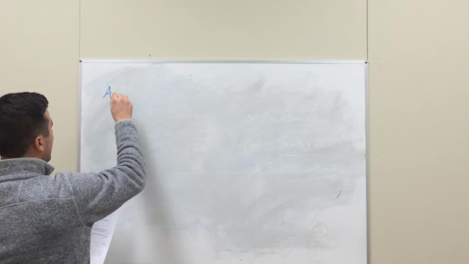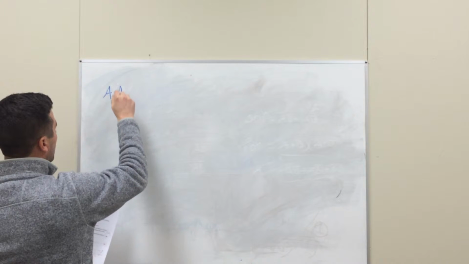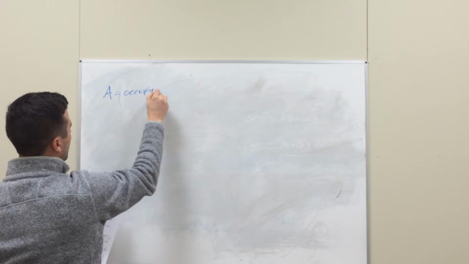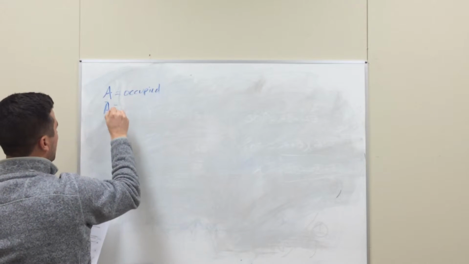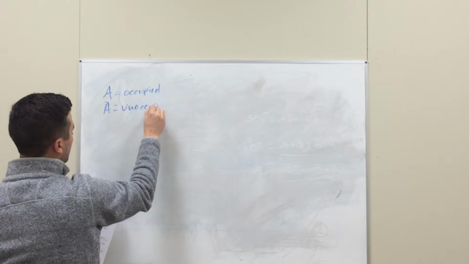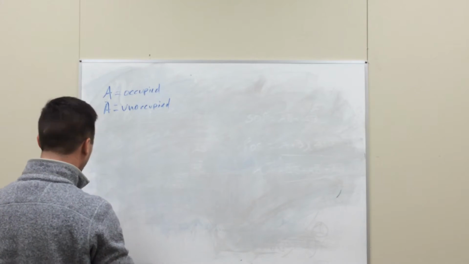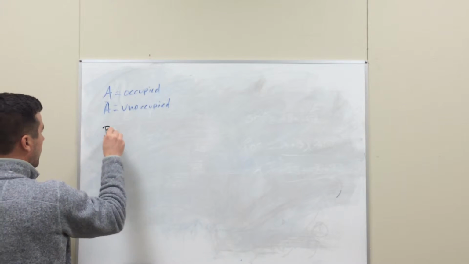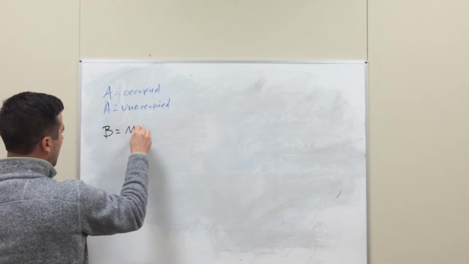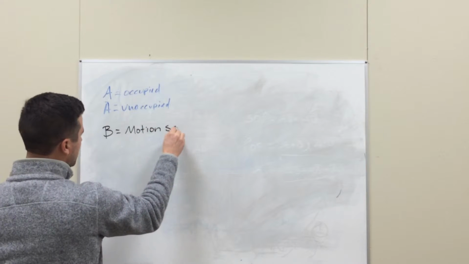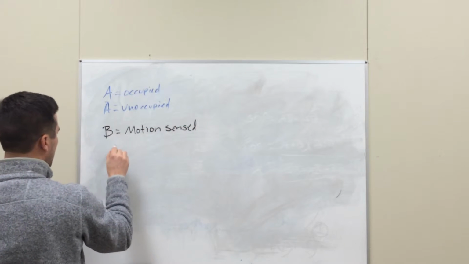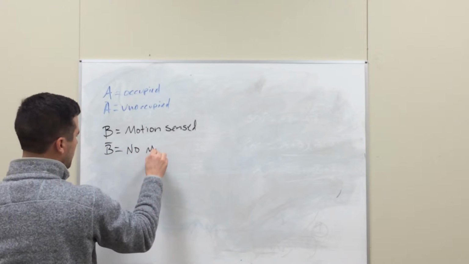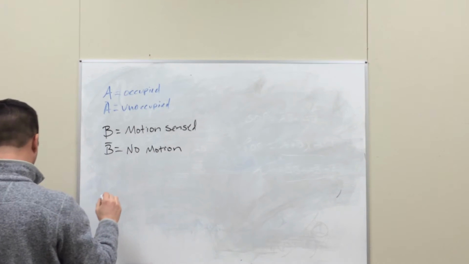So A was equal to occupied, A naught was equal to unoccupied. All right. B equals motion sensed. B naught was equal to no motion. All right.